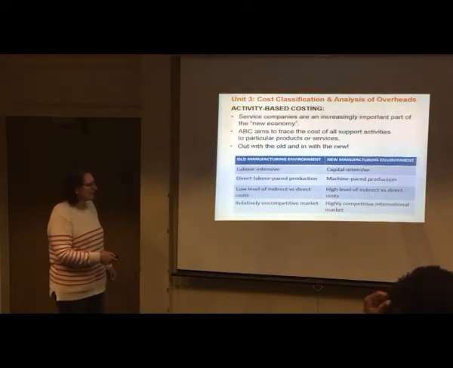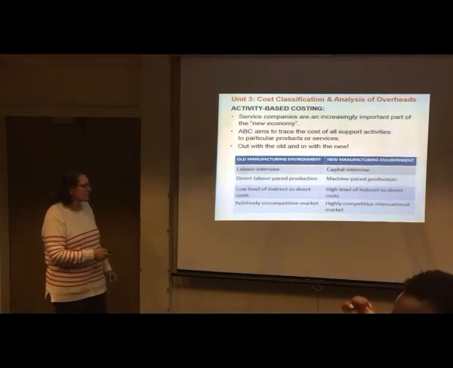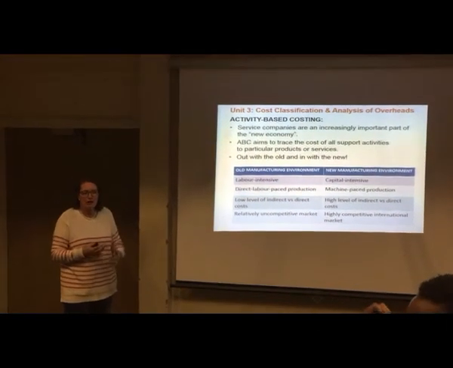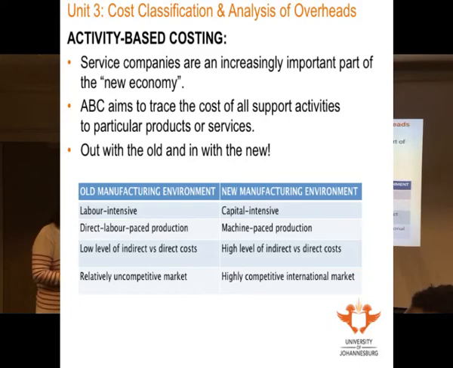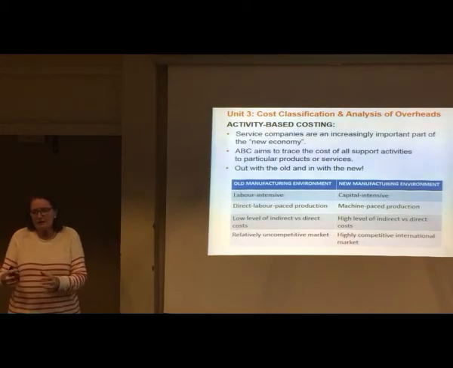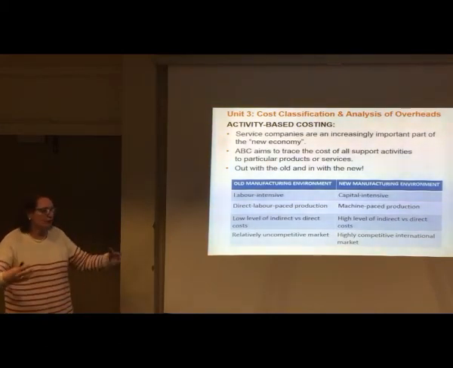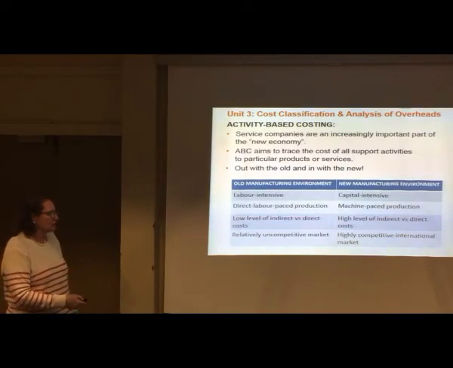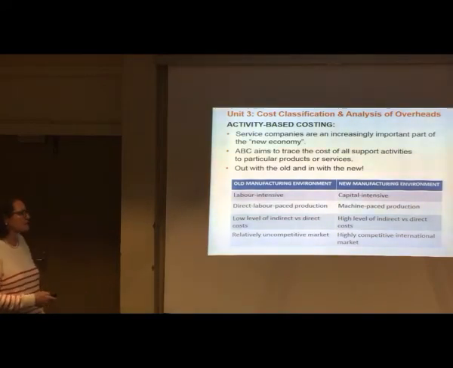You've got a high level of indirect costs, whereas here you've got more direct costs, direct labor, direct materials. And in the past, markets were relatively uncompetitive and relatively isolated from each other, whereas now we've got a global economy, so we've got a far more competitive international market.